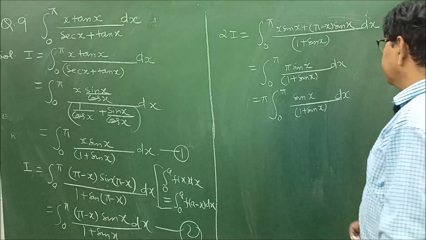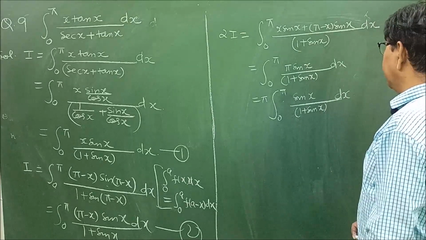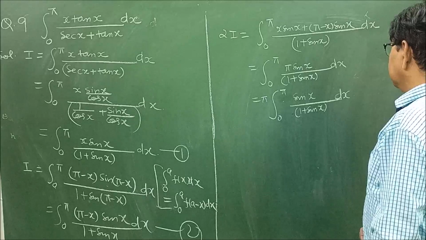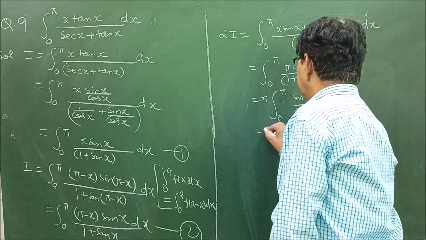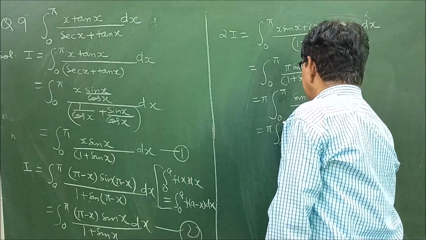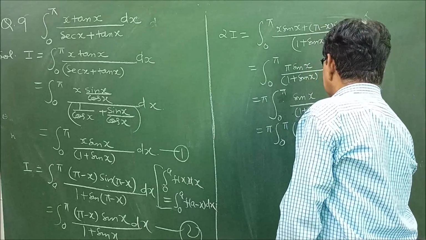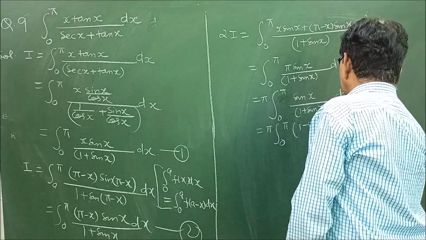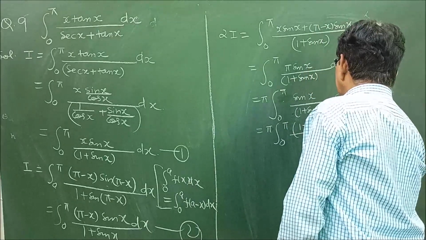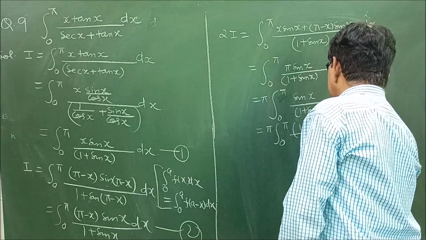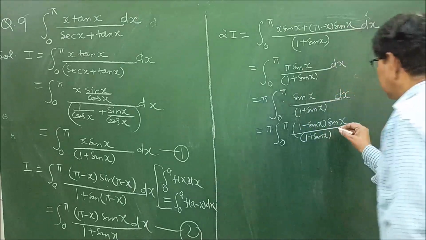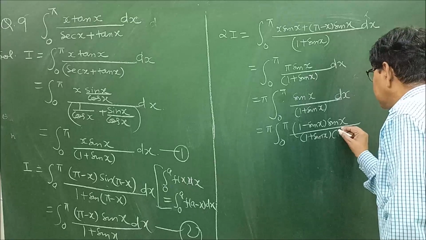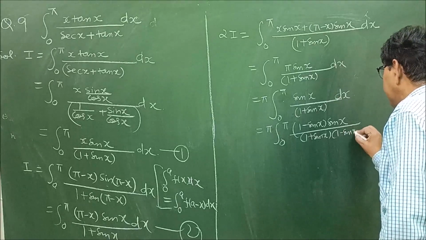Now if we multiply by 1 minus sin x, then pi times integral 0 to pi of 1 minus sin x into sin x upon 1 plus sin x into 1 minus sin x dx.